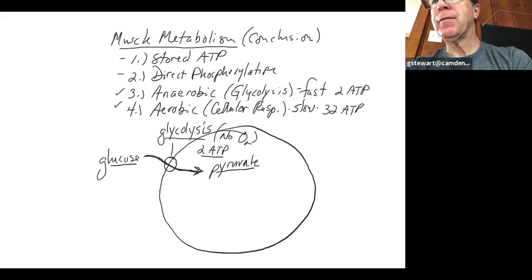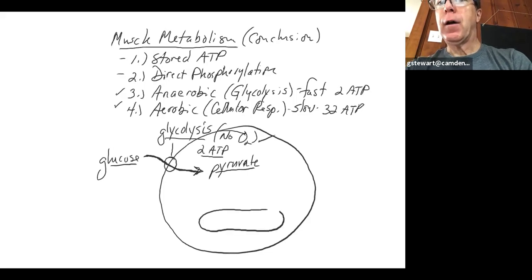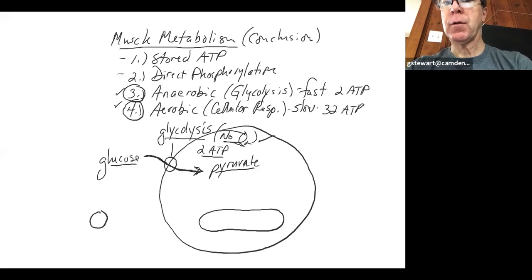It's in the absence of oxygen. Now, if we have oxygen present, step 4 up here, this aerobic process is just a continuation of step 3. So step 3 occurs if we don't have any oxygen coming into the cell. Step 4 occurs if we do have oxygen in our bloodstream coming into the cell.